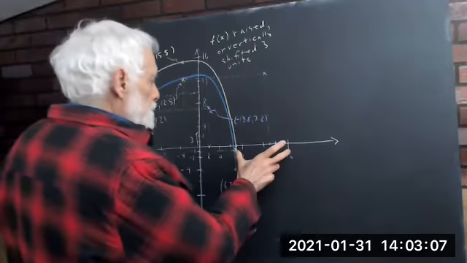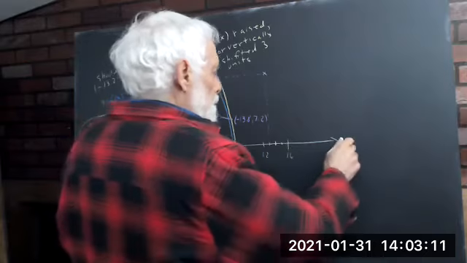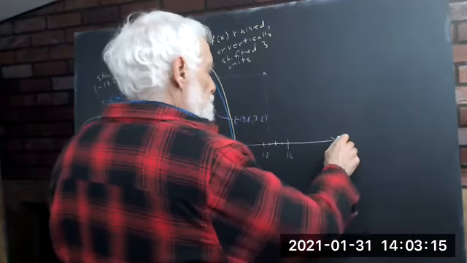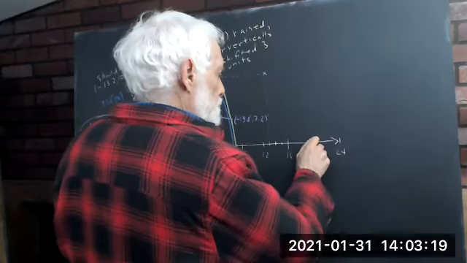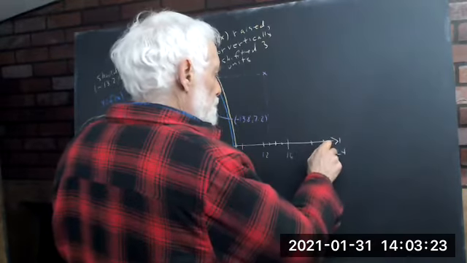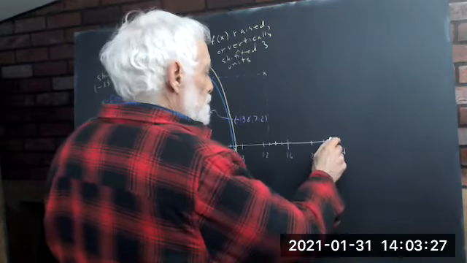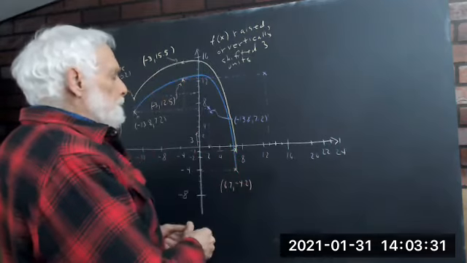If I extend this graph 8 more units to the right, that's going to have to go through about here. So this would be about 24. And halfway between 16 and 24 is 20. Halfway between 20 and 24 is 22. And I want 22.7, so I guess I'll put 23 there.